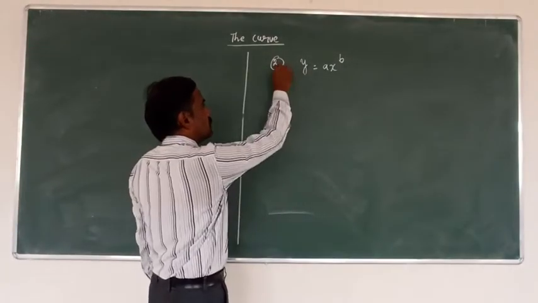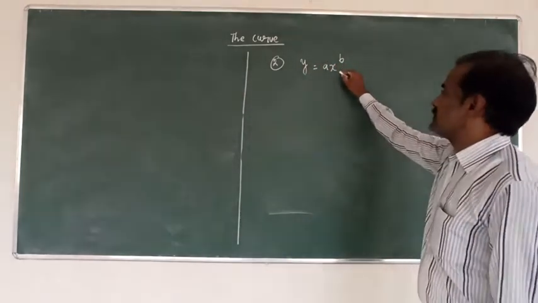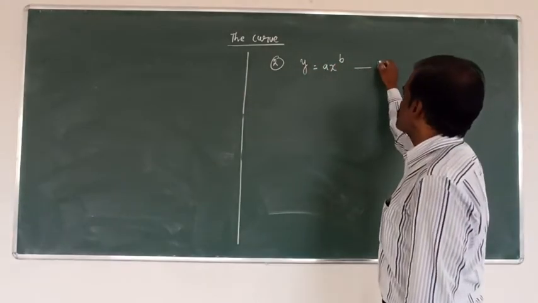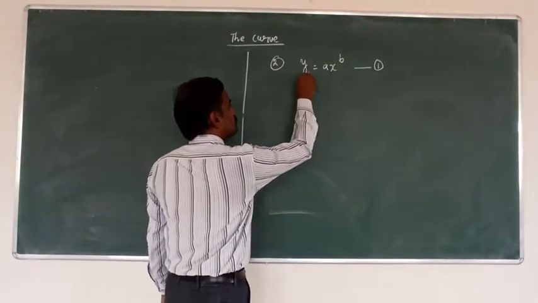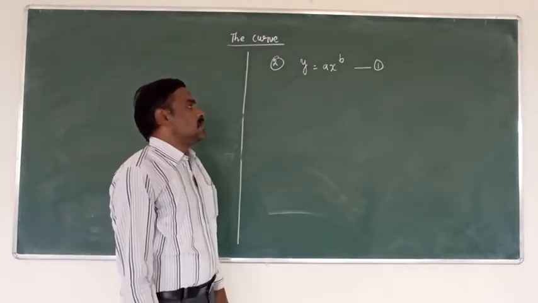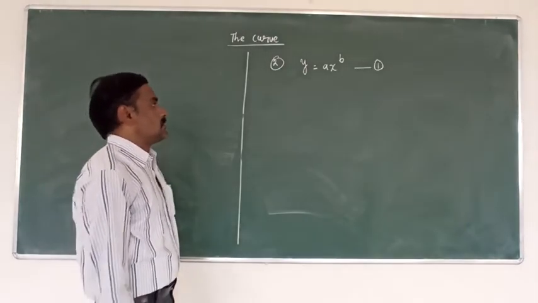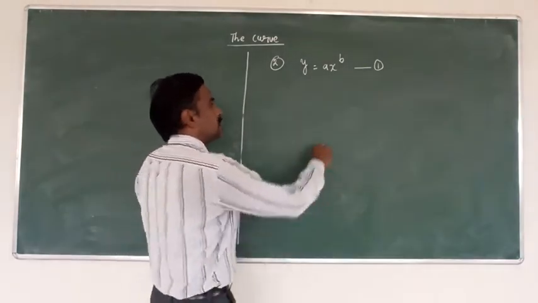Second method in curve, y equal to a x power b. This is for equation number 1. Now, this is to change into straight line format. For that, we can take log both sides in equation 1.